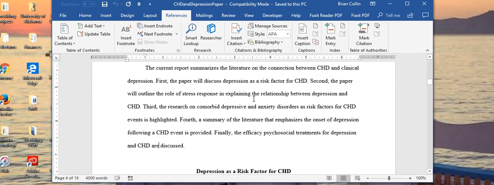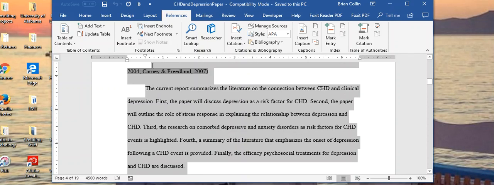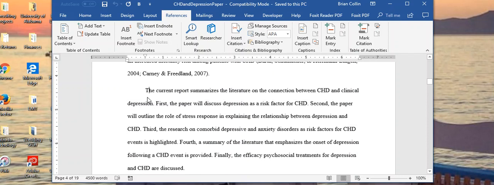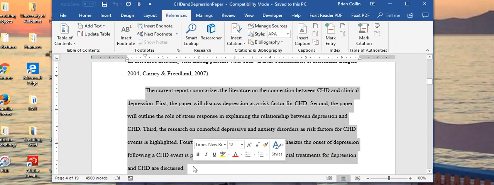What I recommend is, instead of starting with the introduction, I think you should write the body of your paper first. And that's how I do it. If you want to write the intro first, that's fine, but I didn't know all this stuff until after I wrote the body of the paper.